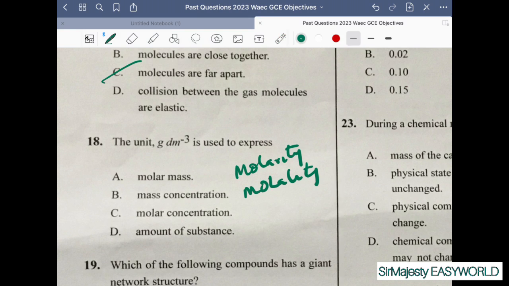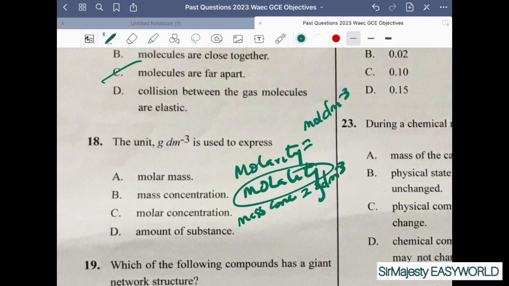Molarity is concentration in mole per dm cube. But mass concentration is equal to gram per dm cube. Then what is molality? It is concentration per 1 kg of the solvent.